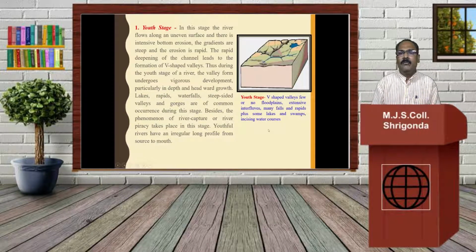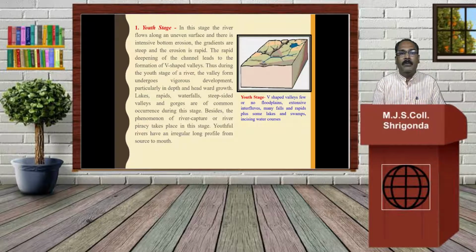The first stage is the youth stage. In this stage the river flows along an uneven surface, and there is initial bottom erosion. Its gradients are steep and the erosion is rapid.